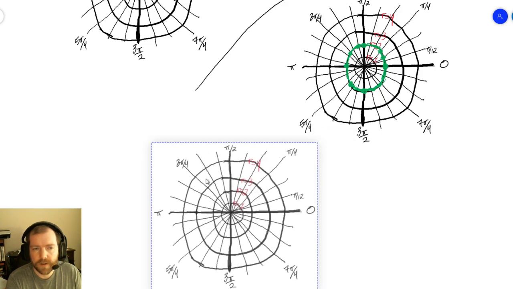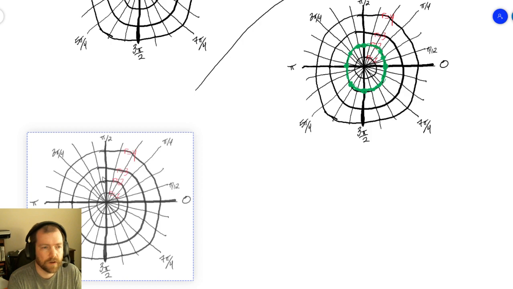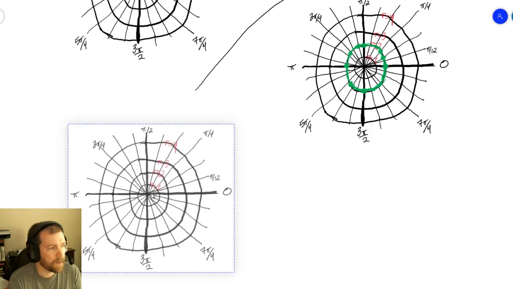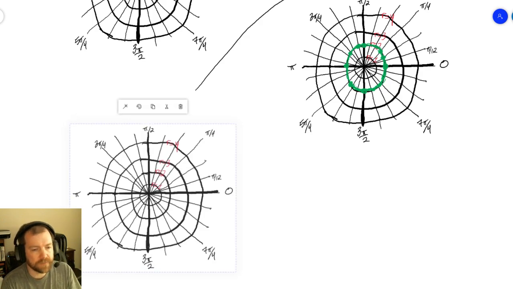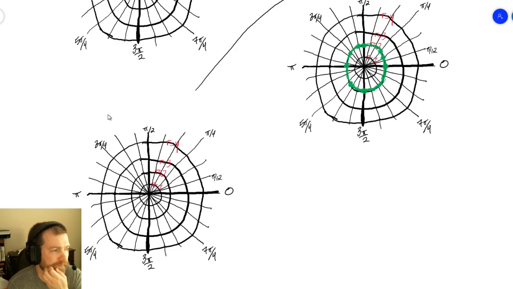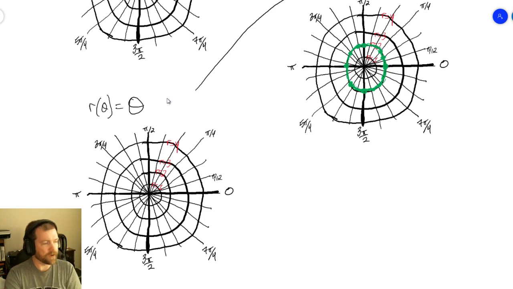All right, so when we take this, move it over, probably not in my face. All right, so then we do something like r of theta equals theta. So this is basically the identity function that we've seen in rectangular coordinates, where we had y equals x, right?